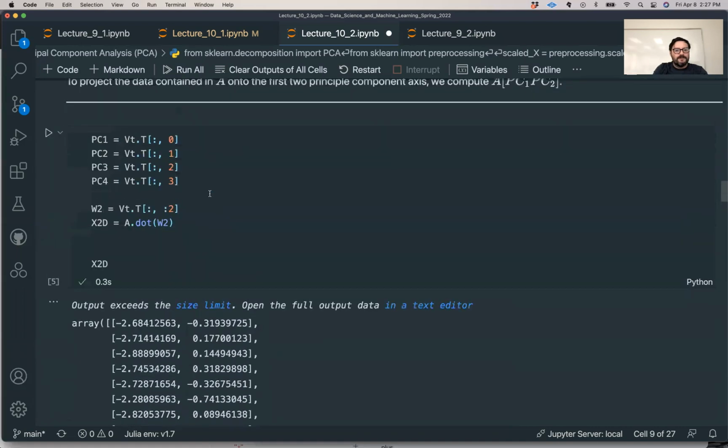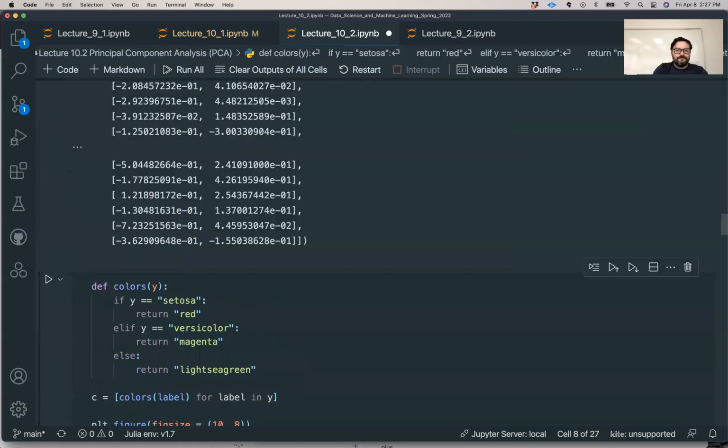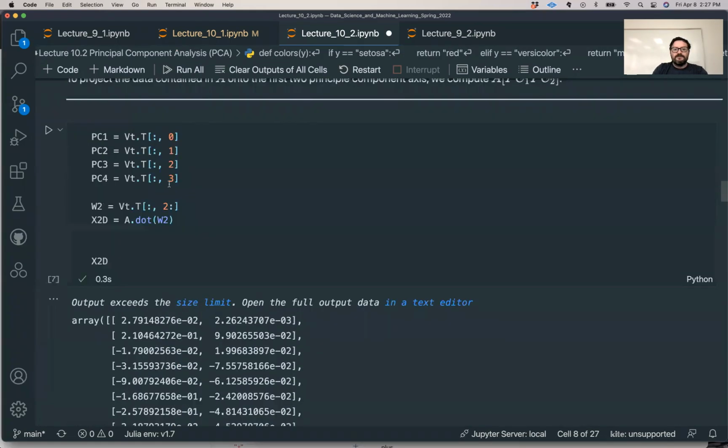While you're looking at it, what happens if I do this? I'm going to change this now, 2 to the end. So what did I just compute here? This is now the last 2 singular vectors. Those do not describe the variance of the data as well, right?